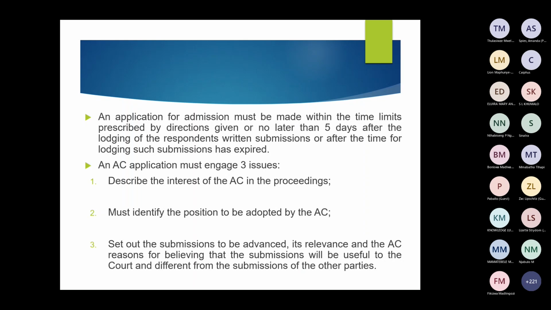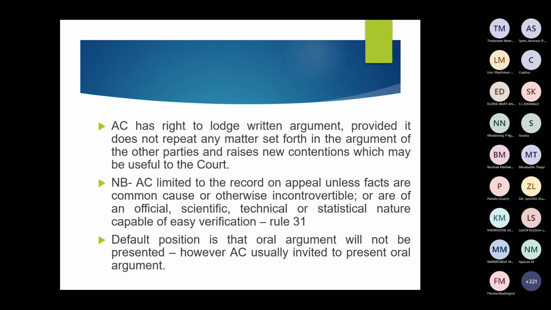A lot of the time, what an amicus curiae would bring to the court is additional research, additional information, or scholarly input on the relevant topic that's before the court. They have a right to lodge written argument, provided it does not repeat any matter set forth in the argument of the other parties and raises new contentions which might be useful to the court.